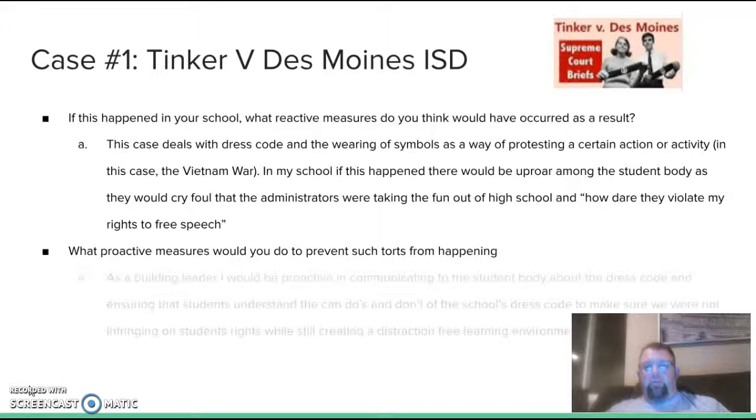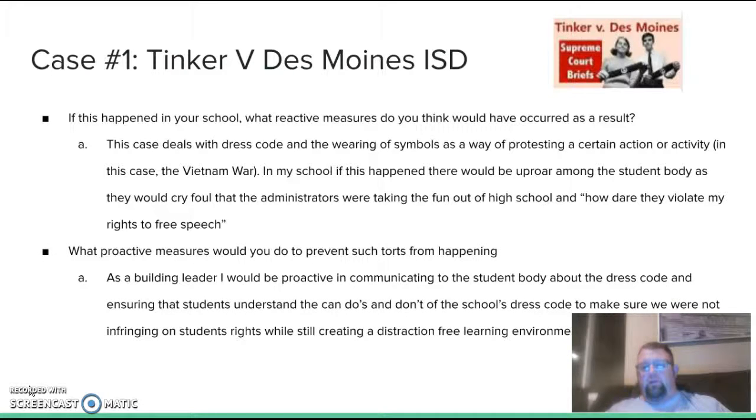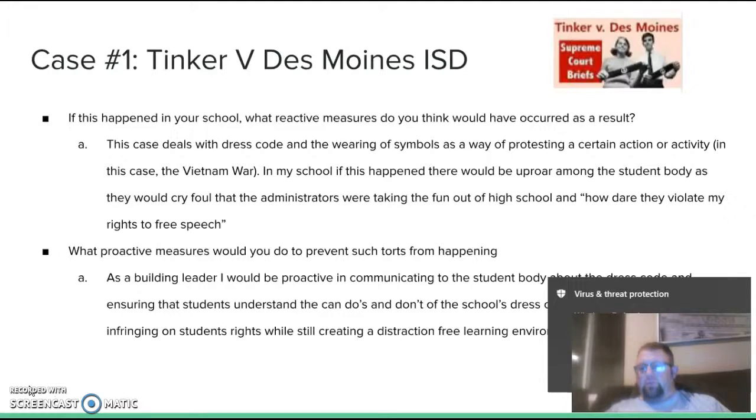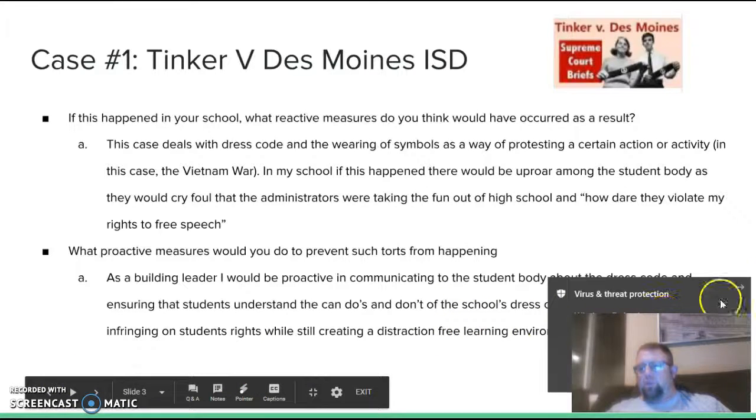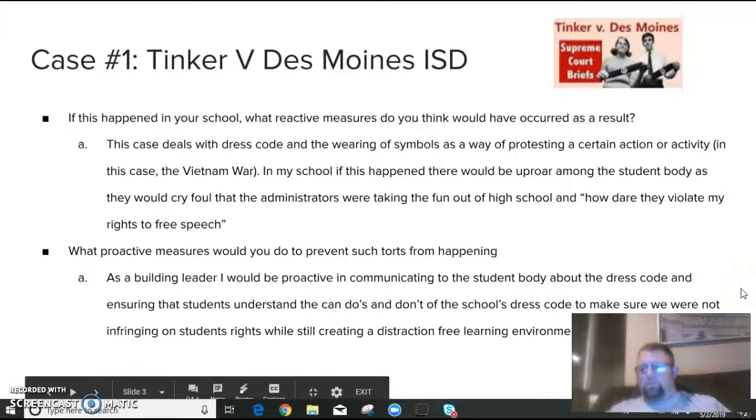I think a great way to prevent torts like this from happening would be to simply communicate to students why a dress code is necessary and how we are trying to prevent any sort of liability or any sort of students feeling any sort of injury based on someone else's dress.